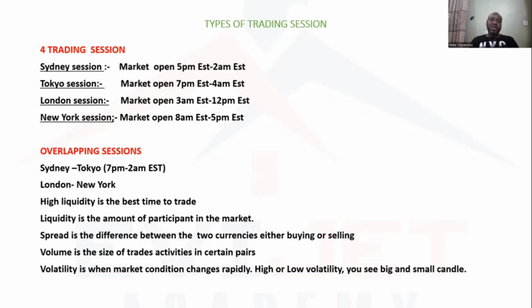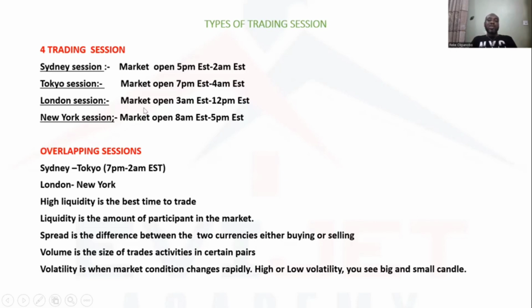What is overlapping? So overlapping session is when there are two sessions running at the same time. That's overlapping. So when the market opens 5 EST, then Tokyo opens 7 p.m. EST, what happens is that these two will be overlapping, all right, until 2 a.m. EST.